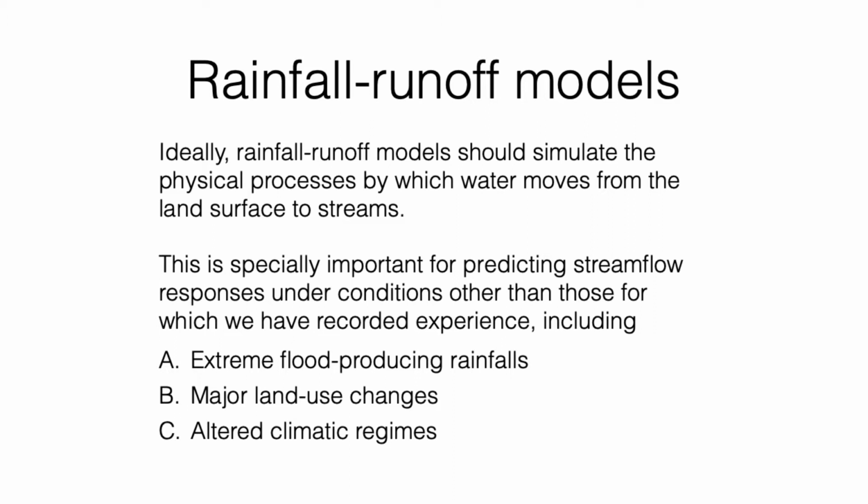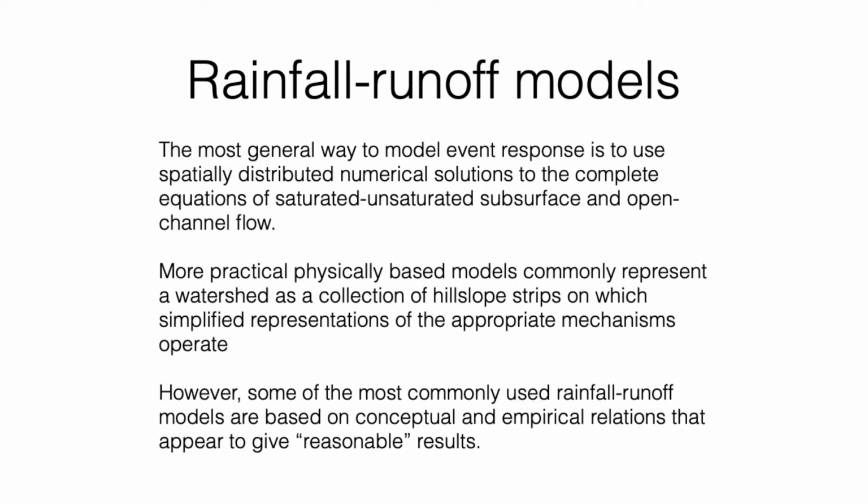So, simulating these physical processes helps to better simulate the response to never before seen rainfall extremes, to changes in land use in the watershed, and to altered climate regimes, that is, to analyze the response of a watershed under climate change scenarios.